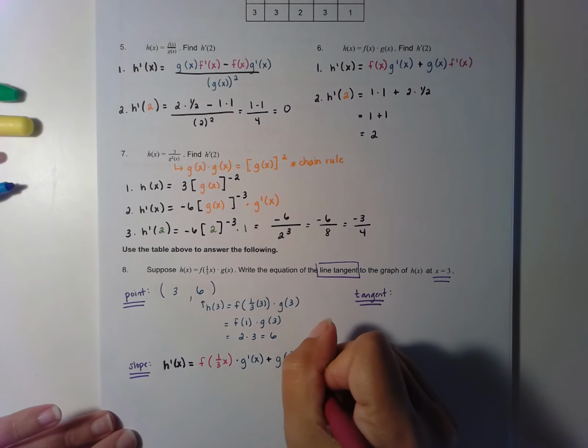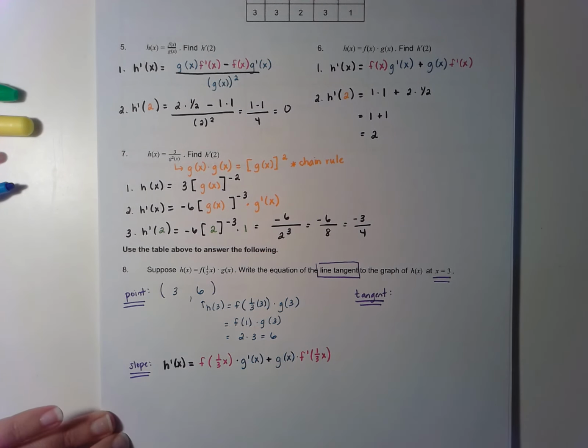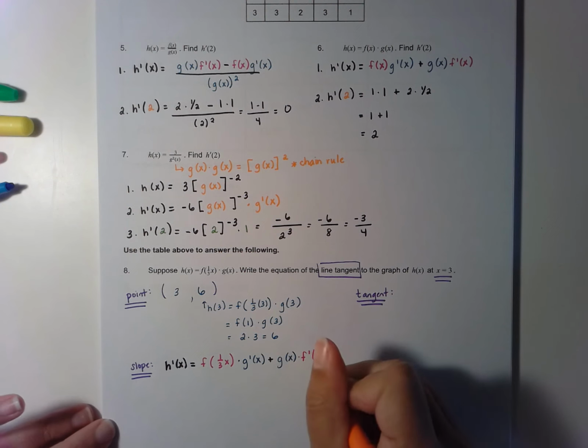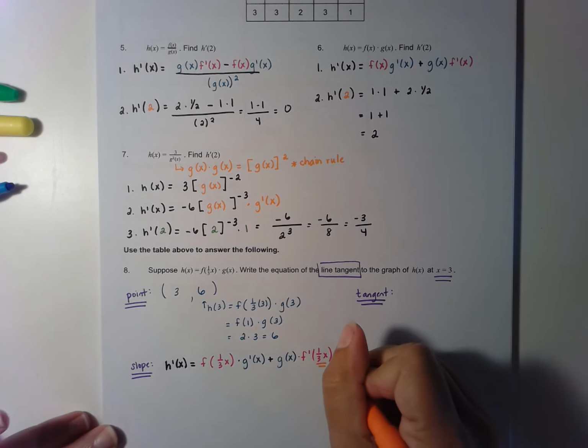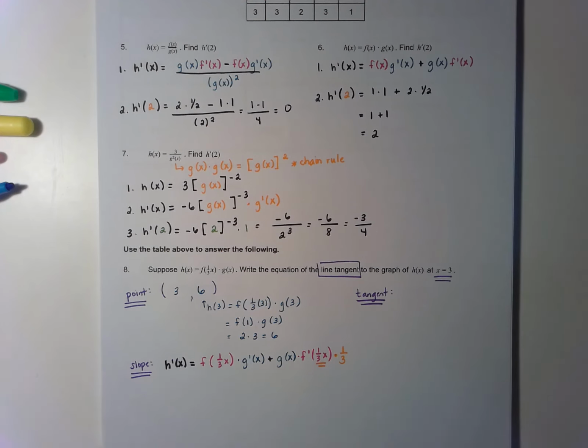So I would have f prime of 1/3 x. And here's where it gets tricky. This 1/3 x is the inside function. So then I would need to multiply by the derivative of the inside, which is 1/3. And that's chain rule. So I did the derivative of the outside times the derivative of the inside.